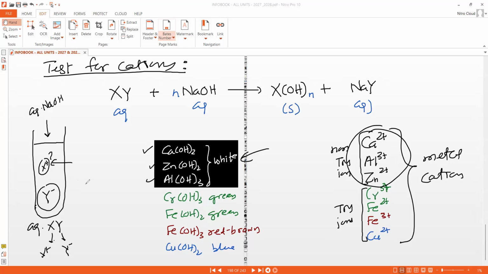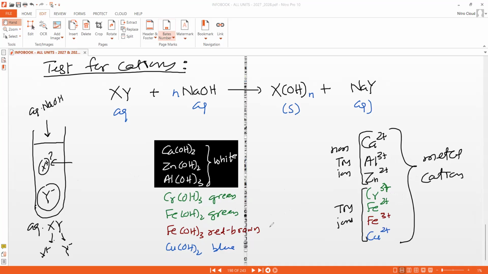If I don't get a white precipitate, if I get a colored precipitate, then it depends on the color. If you get a green colored precipitate, then the possibility is that it's either Cr3+ or Fe2+. So there's a clash here. We'll see how to resolve this clash later.